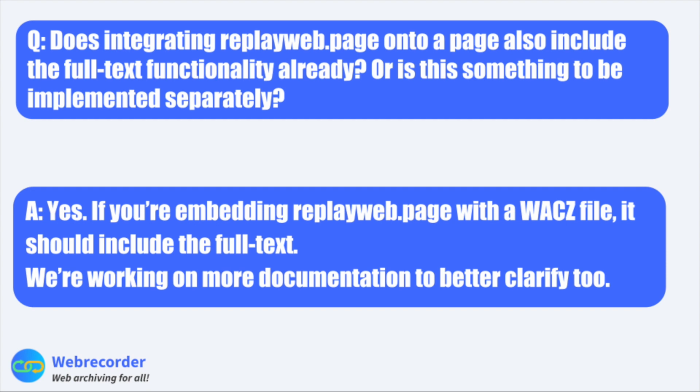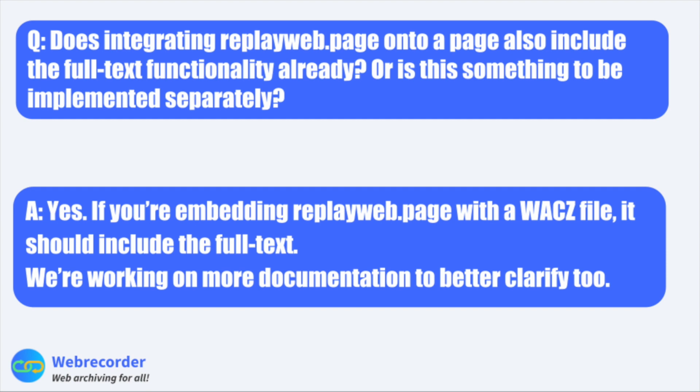So it depends on where, and we can probably create more documentation explaining this. But basically, if you're using Archiveweb.page to create and download the WACZ file, the full text should be there automatically. That's part of the archiving process.